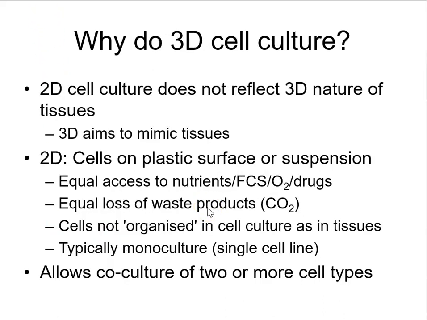So the main reason that we do 3D cell culture is because we know that cells grown in standard 2D cell culture, so that's cells grown on a plastic surface with a liquid overlay of growth medium, doesn't reflect the 3D nature of tissues where you've got cell-cell interactions, cell-extracellular matrix interactions, and hypoxia to some extent, and more limited oxygen and carbon dioxide levels.